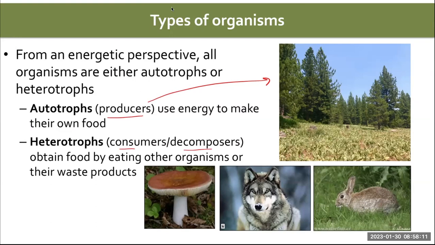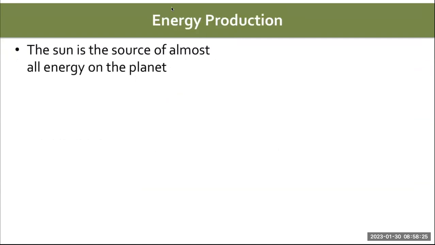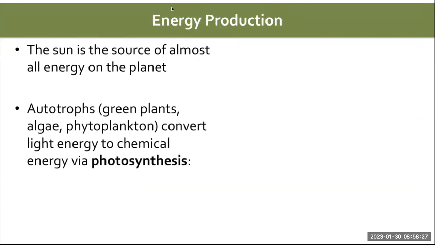And they get that by either eating other organisms, like in the case of consumers, or breaking down waste products of other organisms, as is the case of decomposers. And we already understand from the previous lecture the relationship between autotrophs and heterotrophs in a food chain.